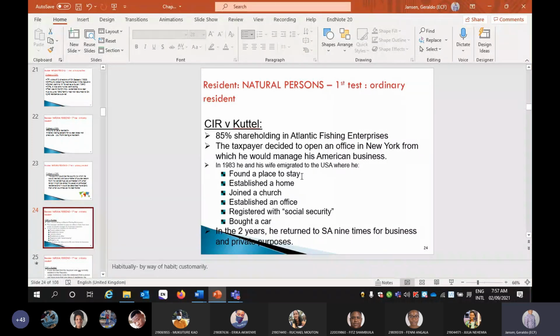He established a home. He joined a church. Maybe he joined Stephen Fatigue. That's just a joke. Established an office. So he established, obviously, the office in New York. He registered with Social Security. Now, guys, Social Security is a big thing in the USA. It's not the same as here in Namibia.